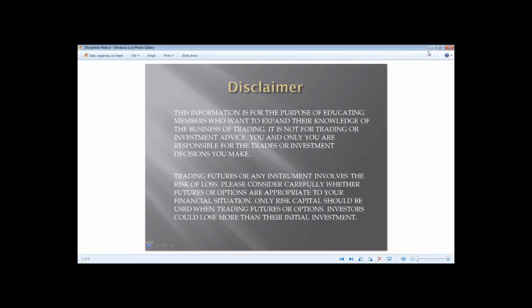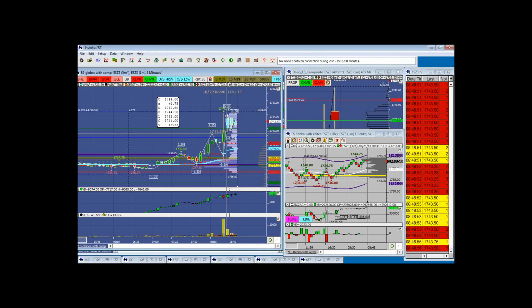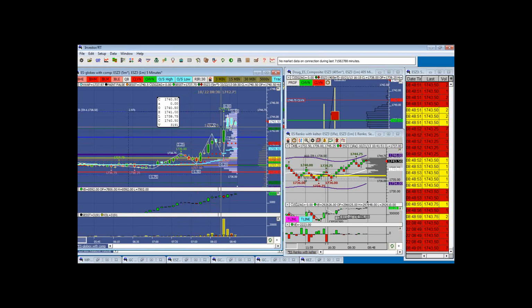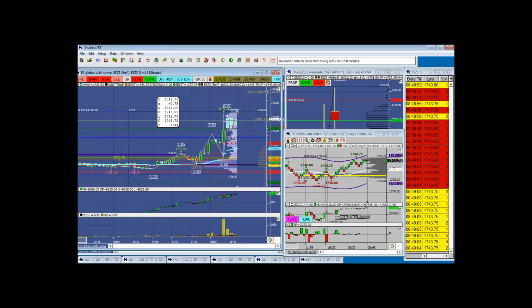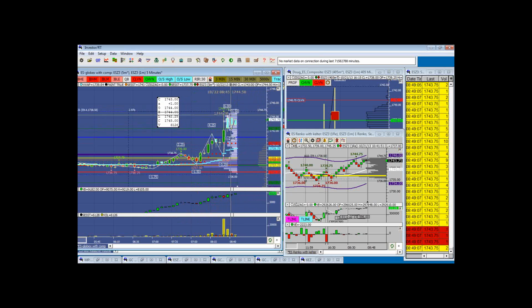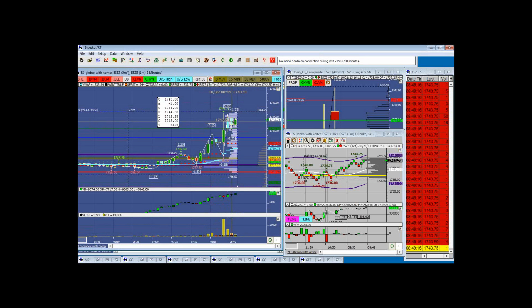Okay, with that said, like I said, I'm running short right now from 42.75. I'm hoping that this will be the start. I'm funded, and I've got a stop at 45 1/4, just a couple ticks above what is now the all-time new high. We've got a FUBAR, Mr. Sneaky, going on right here, but this market still looks very, very strong.